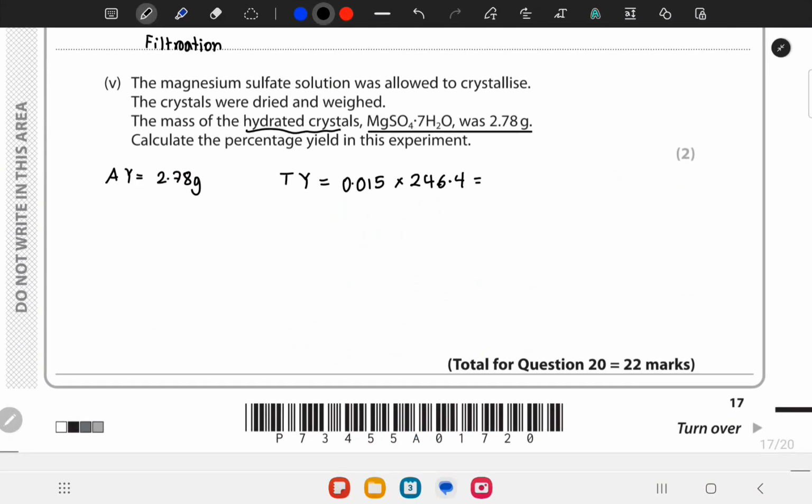So the theoretical yield would be 3.696 grams. So the percentage yield would be 2.78 divided by 3.696 times 100. So we have a yield of 75%.